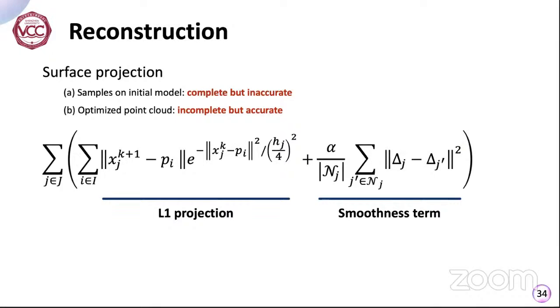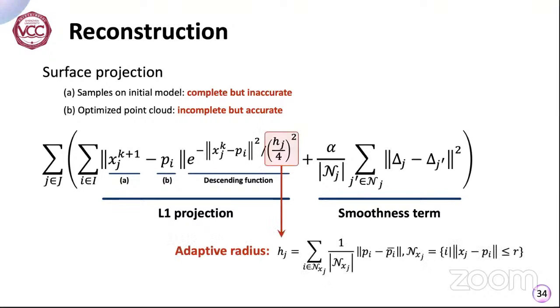Here is the math behind it. We try to minimize the distance between A and B with this controlled radius, which is enabled by this descent function. The effect of this function is determined by this adaptive radius. And for more detail on how to compute it, it's better to read our paper.